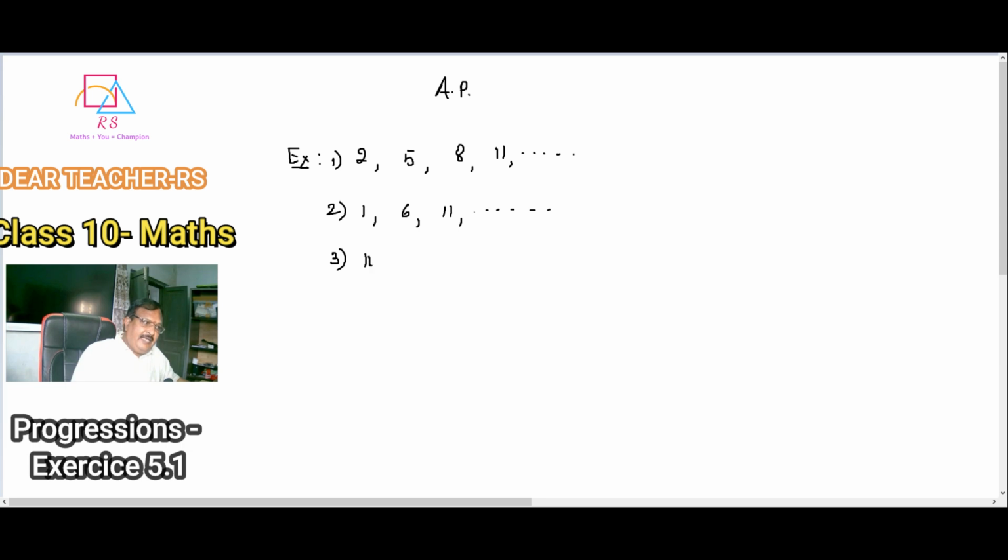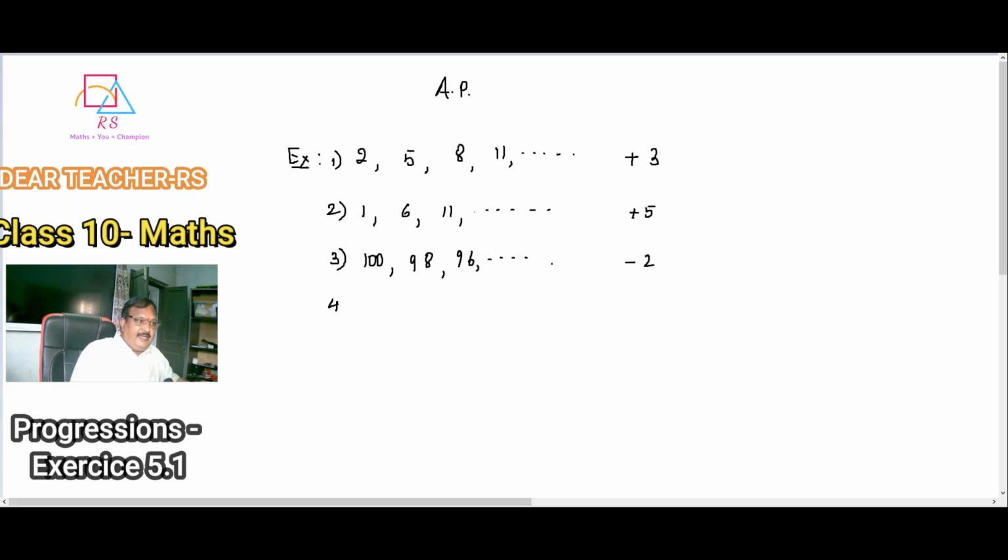Sometimes it will be like this also: 100, 98, 96, and so on. Here we subtract 2: 100 minus 2 is 98, 98 minus 2 is 96, and so on. That means here we add 3, here we add 5, and here we add minus 2, or subtract 2.